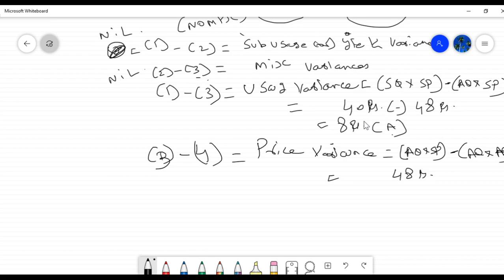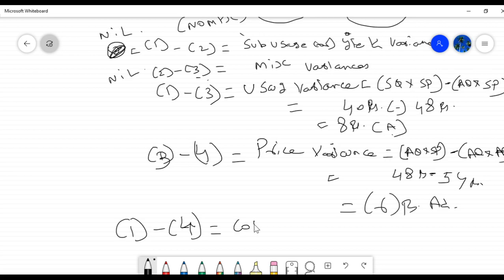What is the final one? 1 minus 4 equal to cost variance. Material cost variance. Equal to how much? 1 is what actually? Standard quantity for actual production into standard price minus actual quantity into actual price.